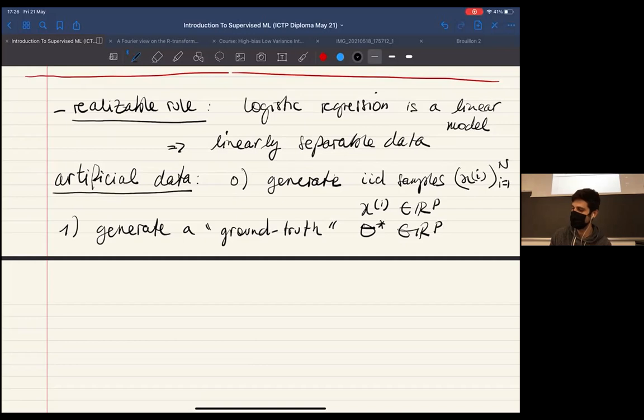All right, so generate a ground truth theta star. This theta star can also be random according to the distribution you want. And then generate the labels according to this rule.